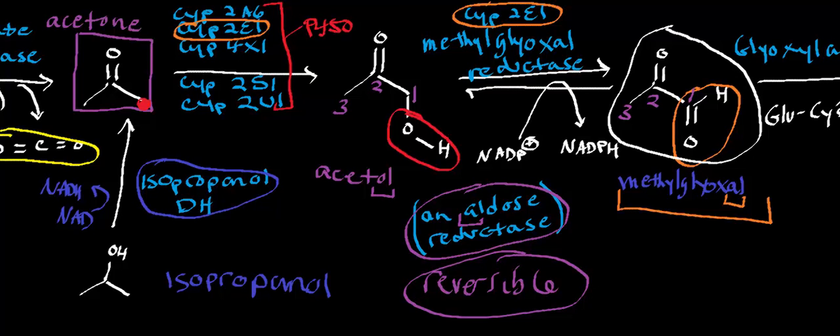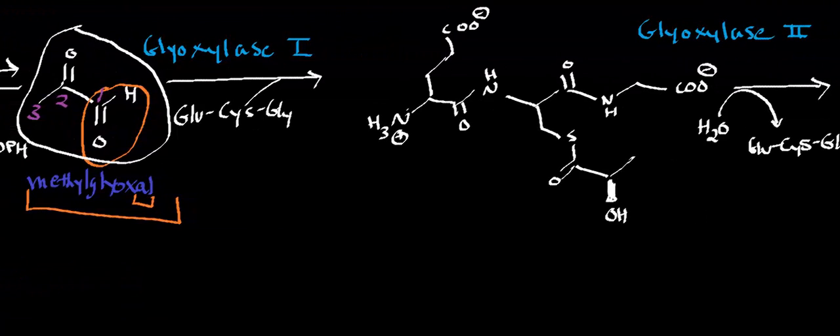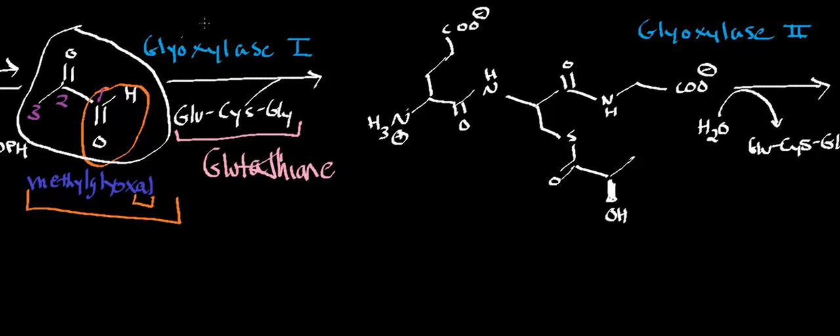Now we have this methylglyoxal, and we're going to do something called the glyoxalase pathway. The glyoxalase pathway is going to utilize something called glutathione. So this molecule right here is glutathione. In fact, this glyoxalase 1 that's shown right here has another name.